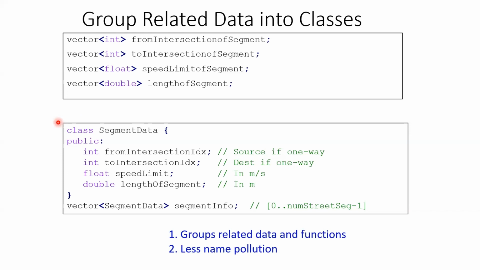In this case, if you group all of the data related to a segment into a class, then you can just declare one global vector instead of the 4 vectors. So this is less name pollution because you're only defining one global vector, and all of these names are local, instead of these 4 global names.